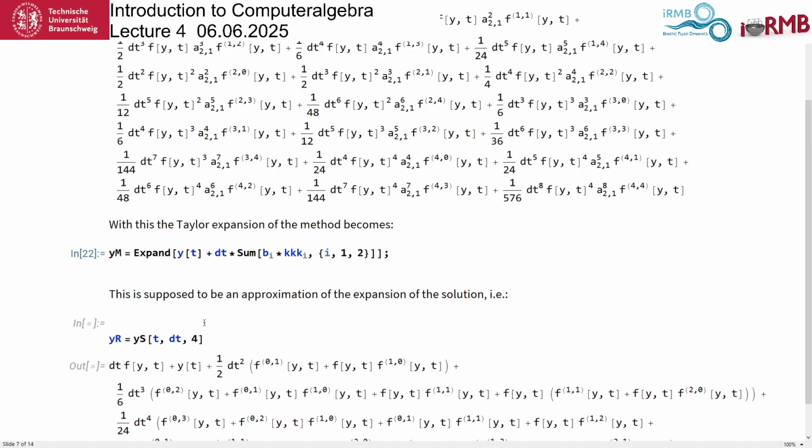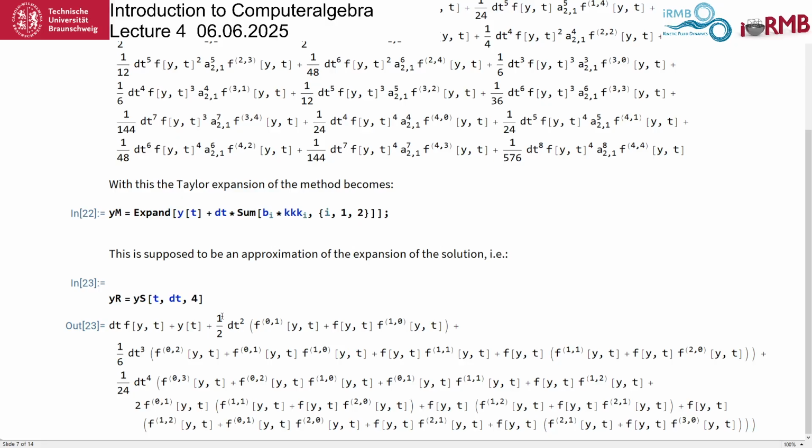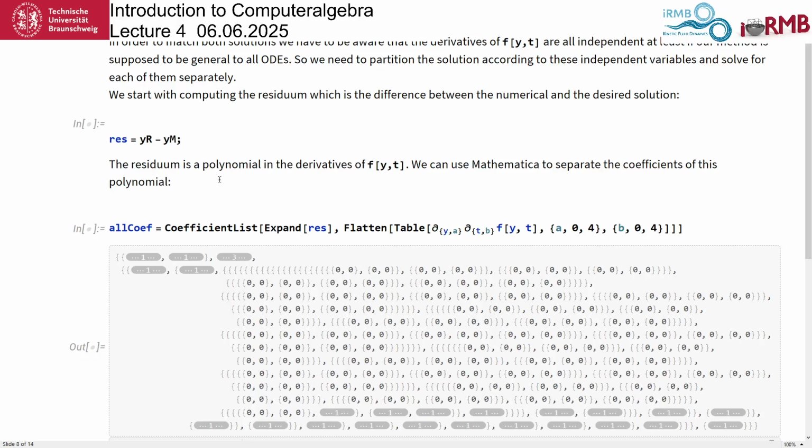We evaluate our ordinary differential equation and put this into the variable yr. So now we have yr and we have ym. yr comes from the ordinary differential equation and ym comes from the Runge-Kutta method.